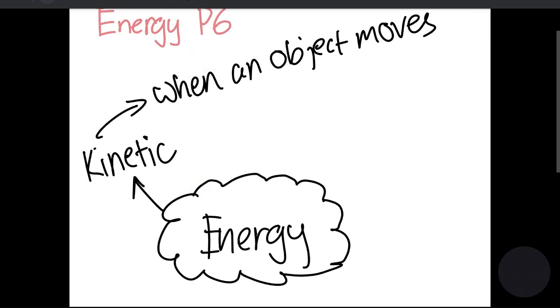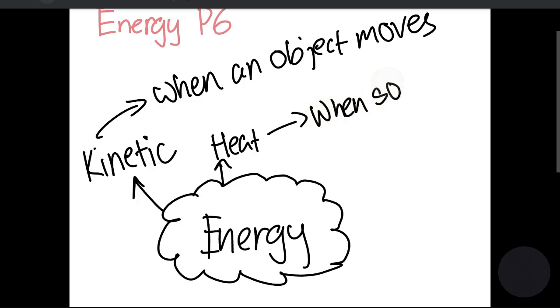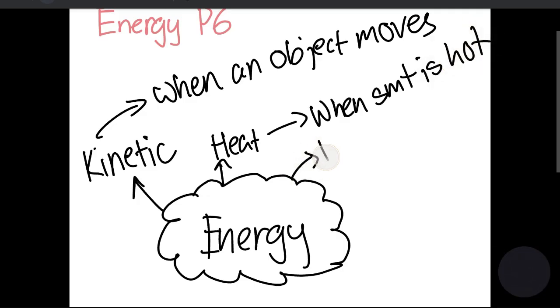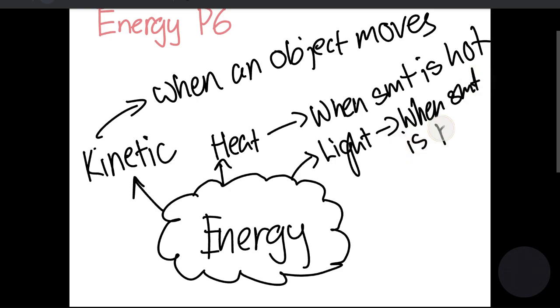Okay, then we have heat, which is present when something is hot. SMT means something. Then we have light energy, which is when something is bright with light.